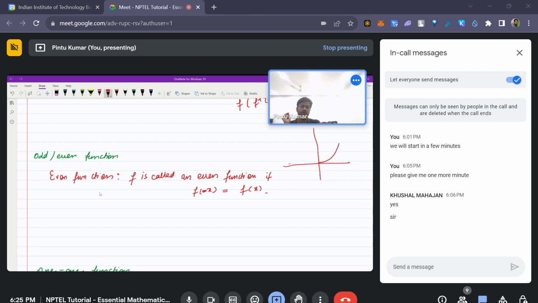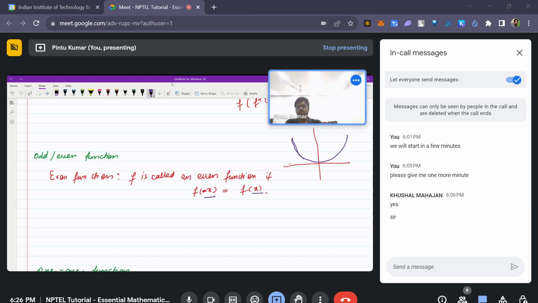So whatever values you have on the right hand side, let's say you have this purple curve, then on the left hand side it should be just the mirror image of the same thing, right? Because f of minus x is nothing but f of x.